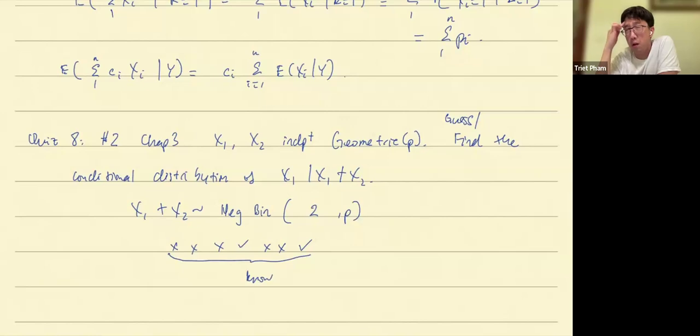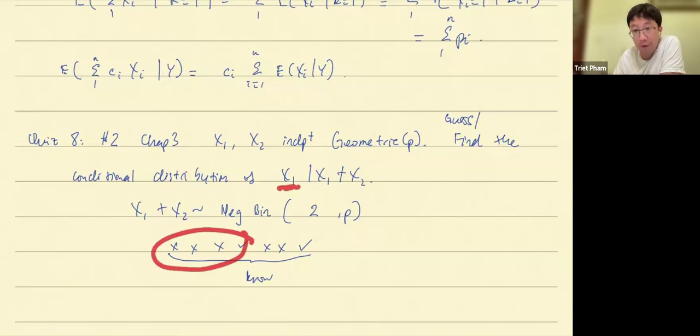And given that number, let's say 10, it takes 10 trials to get the first 2 successes. And what are you asking? You're asking for the number of trials to get the first success. What does that look like?